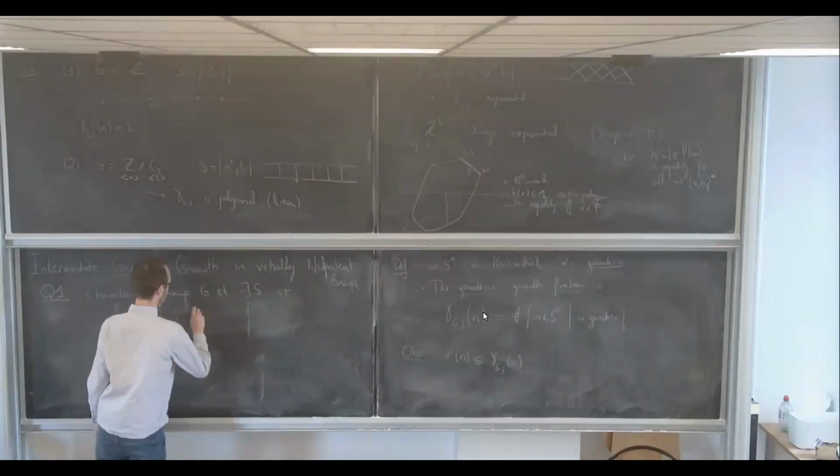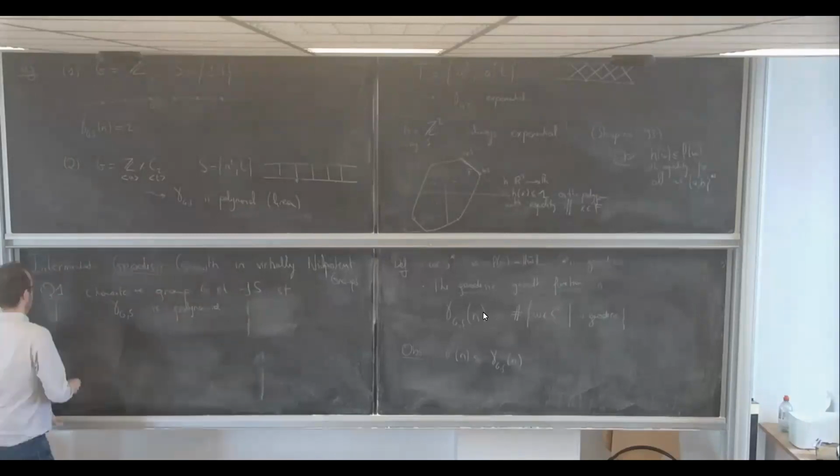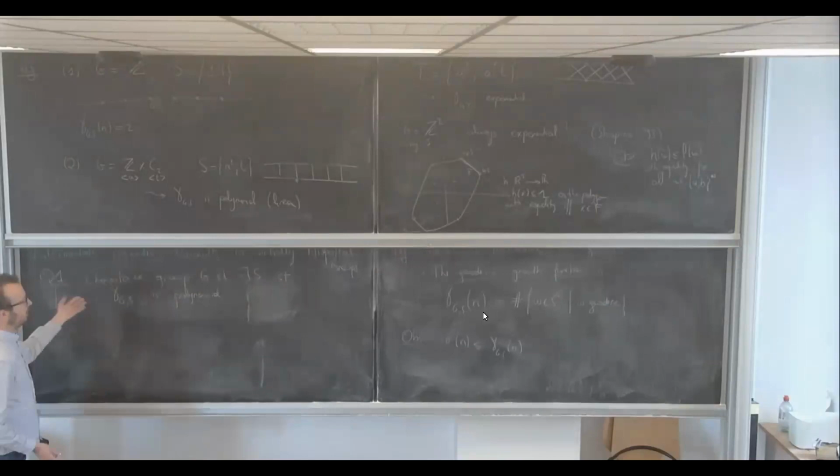For the usual growth, it would be just virtually nilpotent. So in particular, any group that has this must be virtually nilpotent. So the first question, and okay, they must be virtually nilpotent, but we also have seen that this way doesn't work. So there's something more to say.